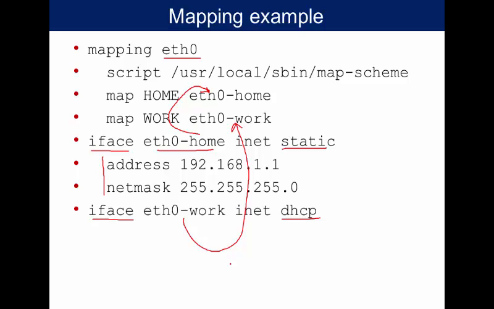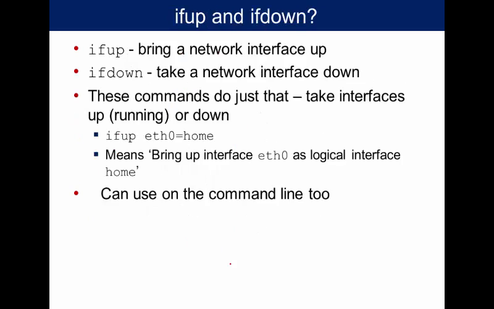So a real network can be defined in your host, in your Linux operating system. It should have that configuration. We'll look at that. And if-up and if-down. If-up brings the network interface up. If-down takes the network interface down.